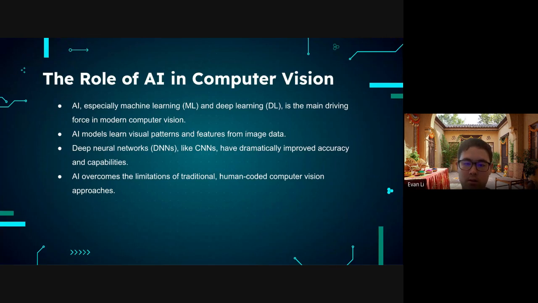Now, to truly appreciate the power of modern computer vision, we must understand the pivotal role of artificial intelligence, particularly machine learning and deep learning. AI is not merely an adjunct to computer vision, it is the very engine that drives its current advancements.